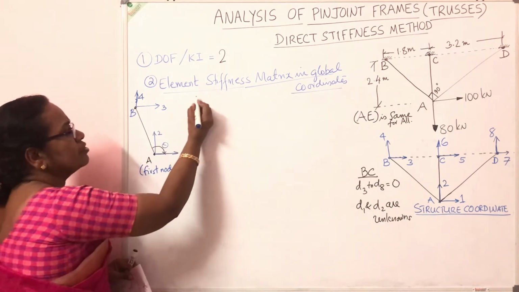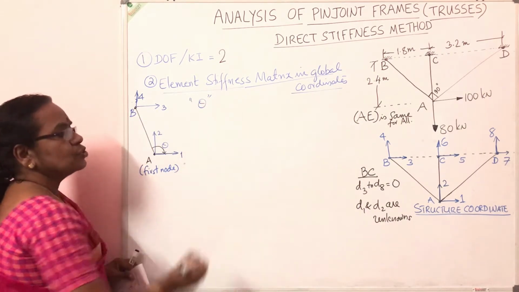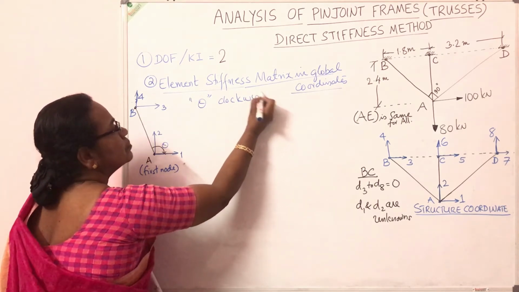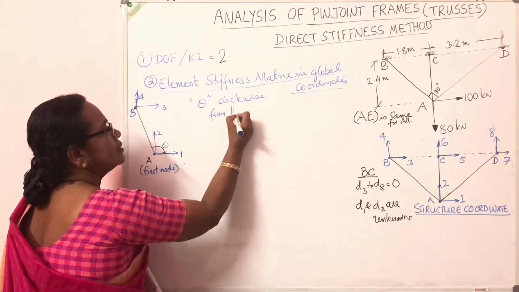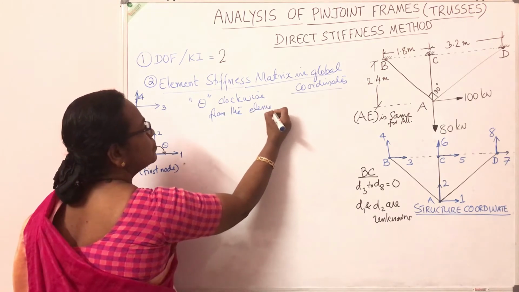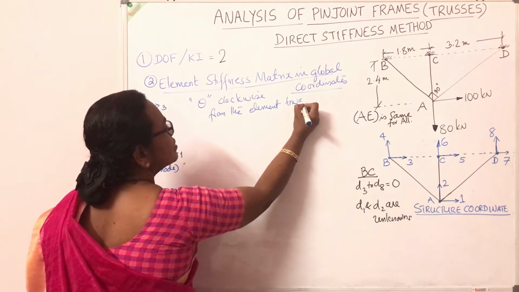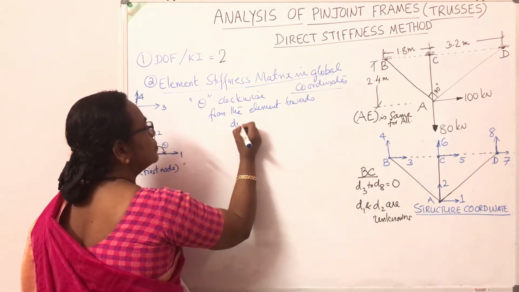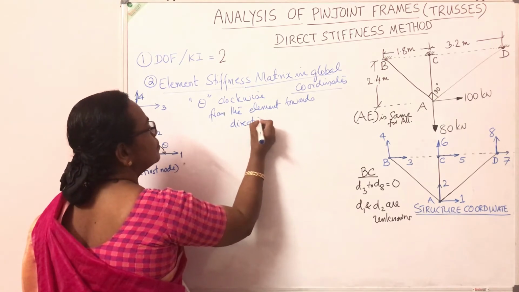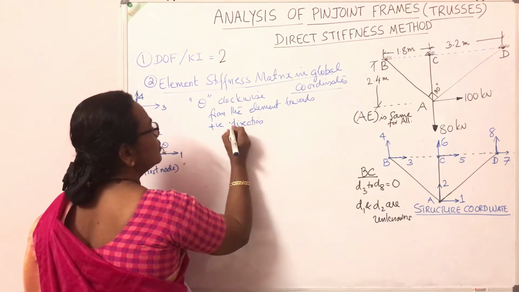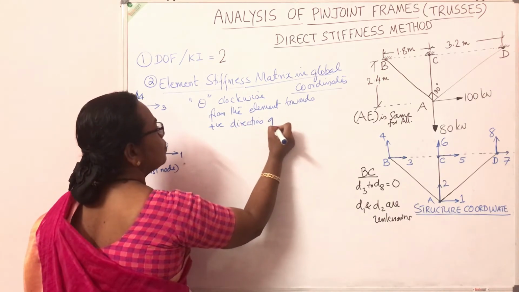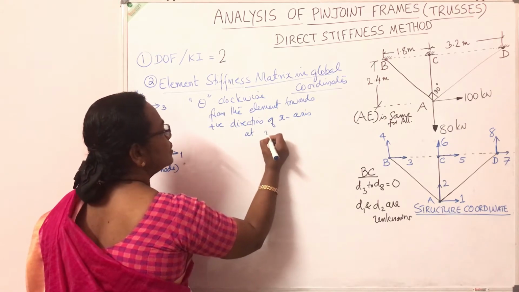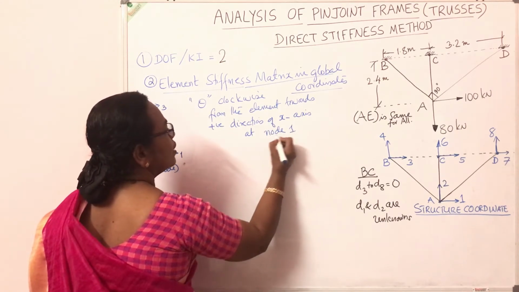This is very important: theta should be measured clockwise from the element towards the positive direction of the x-axis at node 1.